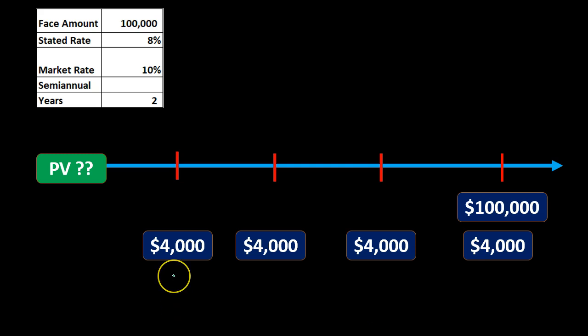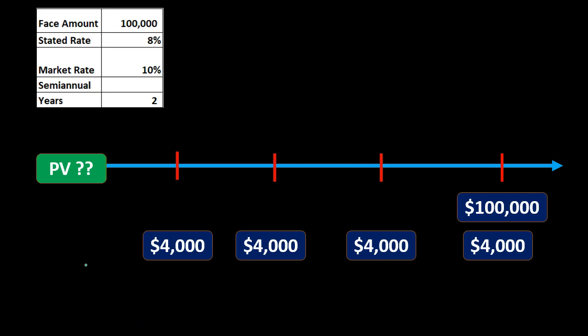In other words, this 4,000 a year from now is worth less than 4,000 today. This 4,000, this would be 6 months from now. 4,000 a year from now would be worth less than 4,000 today. 4,000 a year and a half would be worth less, and this 2 years out that we're going to get the 100,000 and the 4,000 is going to be worth less than 104,000. In other words, we would rather have the 104 today.